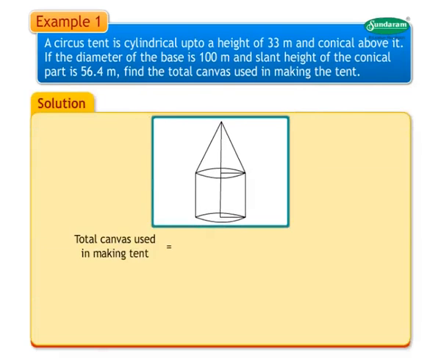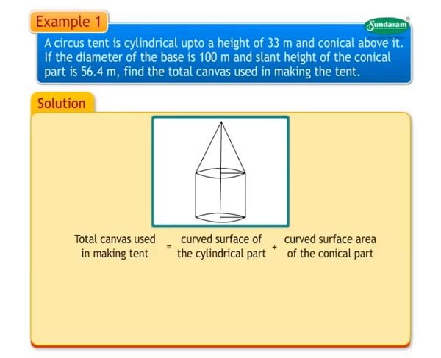To find the total canvas used in making the tent. Solution. Total canvas used in making the tent is equal to curved surface area of the cylindrical part plus curved surface area of the conical part is equal to 2 into pi into r into h plus pi into r into L is equal to 2 into 22 upon 7 into 50 into 3.3 plus 22 upon 7 into 50 into 56.4 is equal to 22 upon 7 into 50 into (6.6 plus 56.4) is equal to 22 upon 7 into 50 into 63 is equal to 9900.